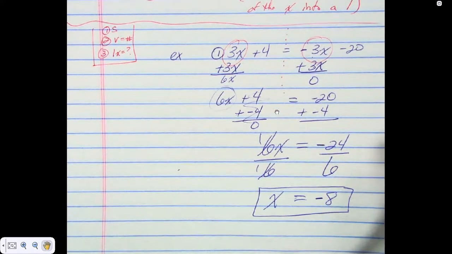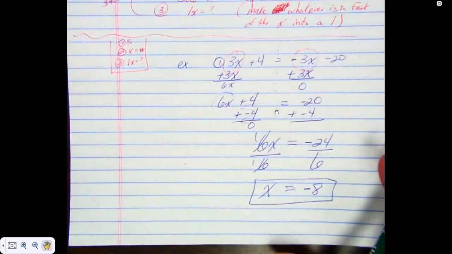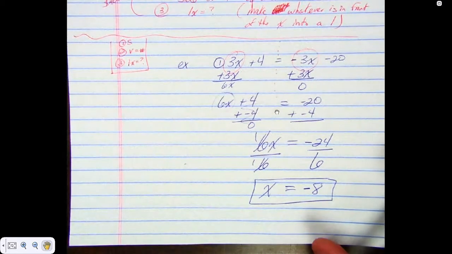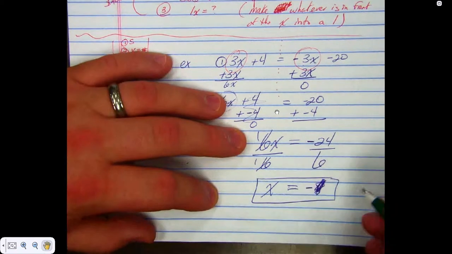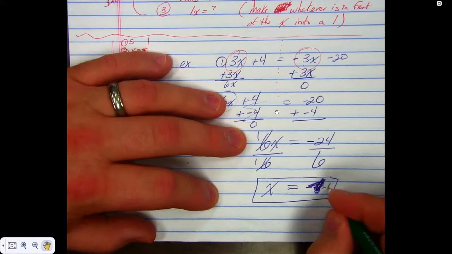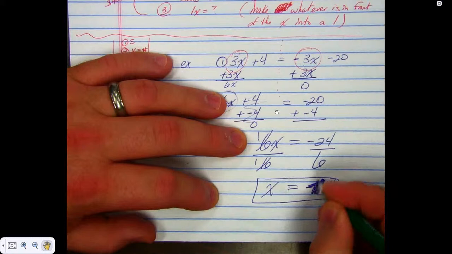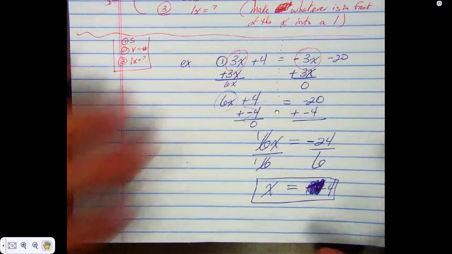Write that down. Negative 24 divided by 6. It's not 8, is it? What in the world am I thinking? Negative 4. Wow.